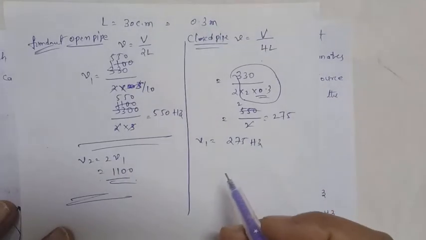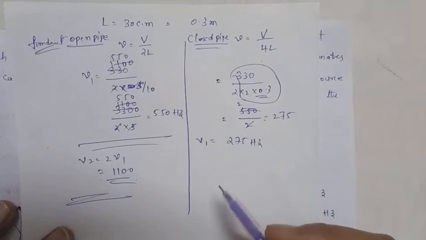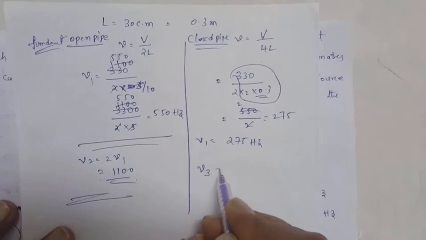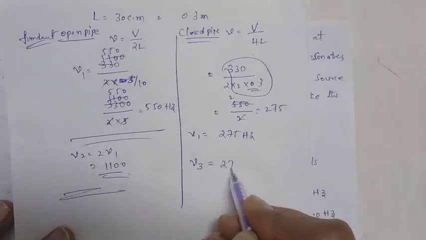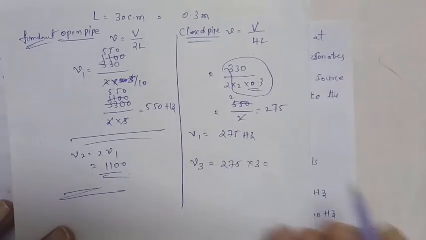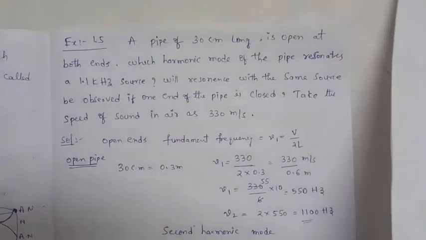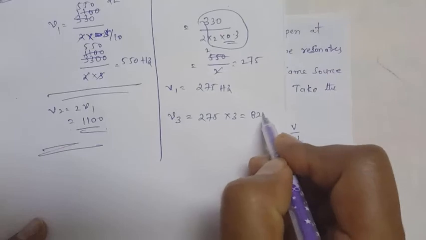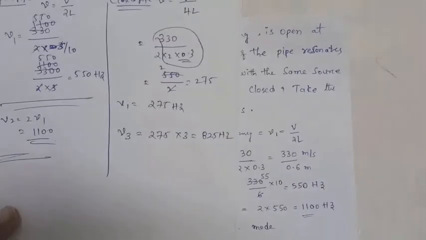But in case of a closed pipe only odd harmonics are possible. Next, which harmonic is possible? Nu 3, so 275 into 3, the value we are getting is 825.